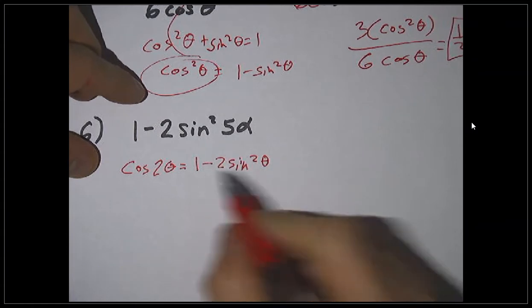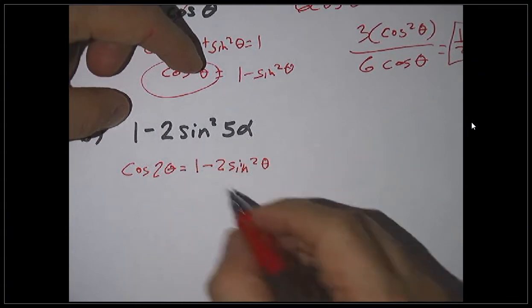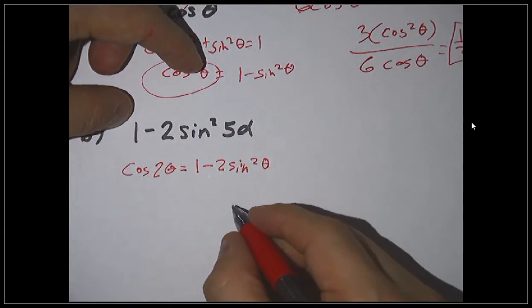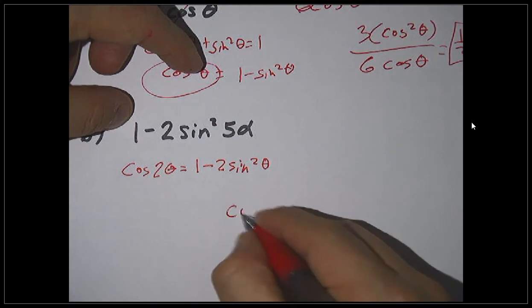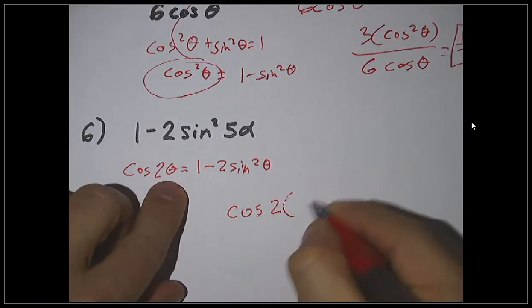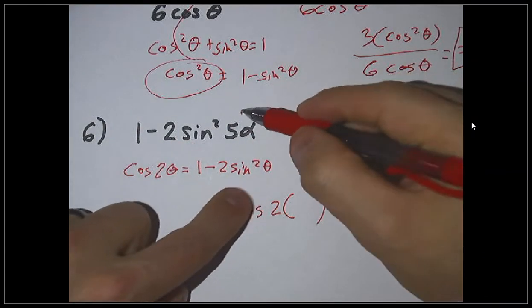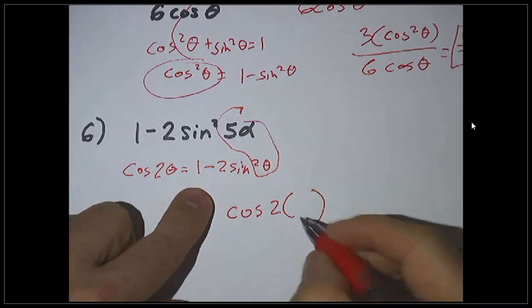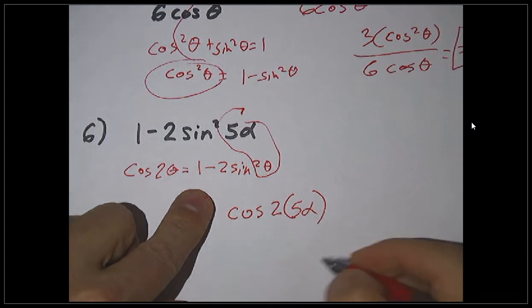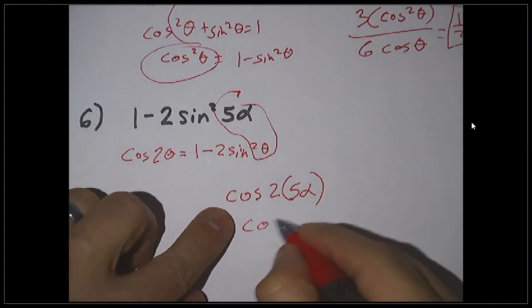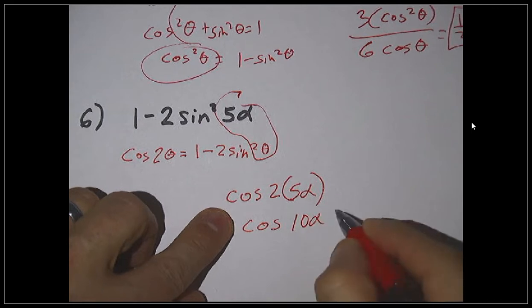So that means that I'm going to rewrite this problem as cosine of 2 times my angle, and my angle is 5 alpha. So that's going to give me cosine of 10 alpha.